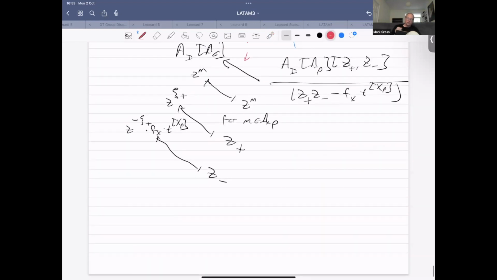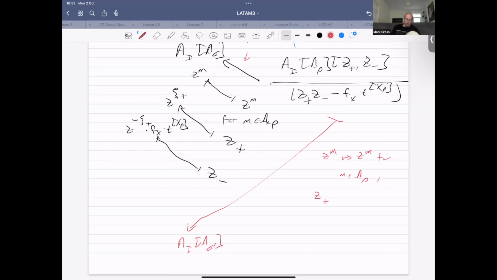So for ux minus, let me write this down, get a different color. This maps to A I bracket lambda sigma prime. And again, I have z to the m maps to z to the m for n lambda rho.